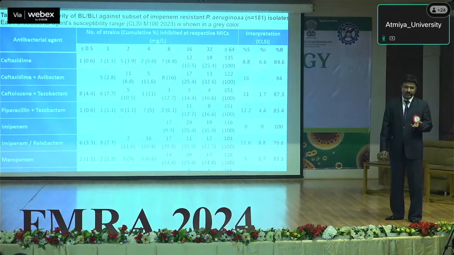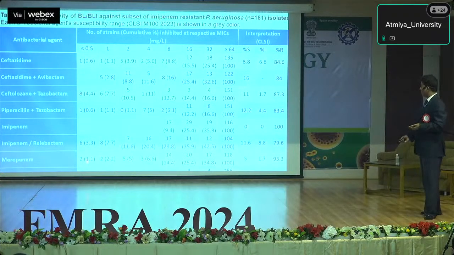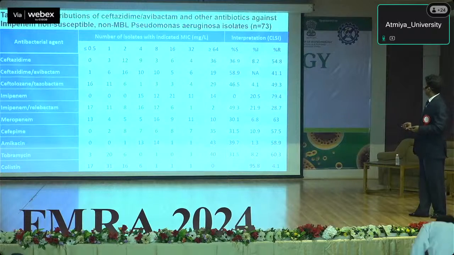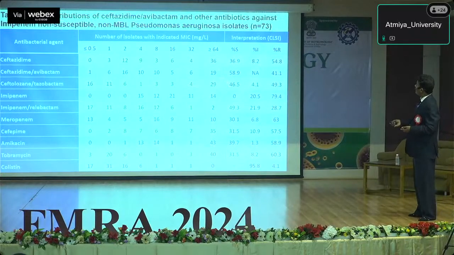So that's surprising. Still, you have 80% of the isolates resistant to the combination, which is still not known to be used in India, not yet in the market. And meropenem, which is obviously plain meropenem, has very high resistance. Based on the MIC of ceftazidime-avibactam against imipenem, these are further classified.